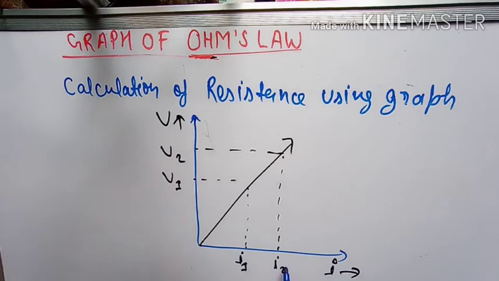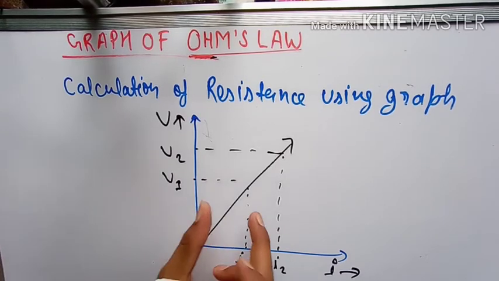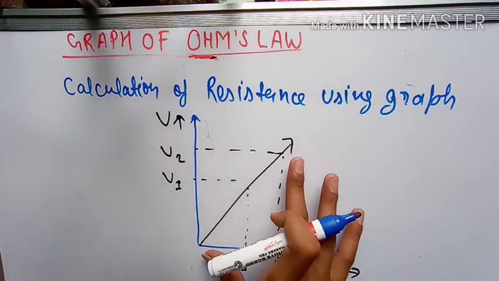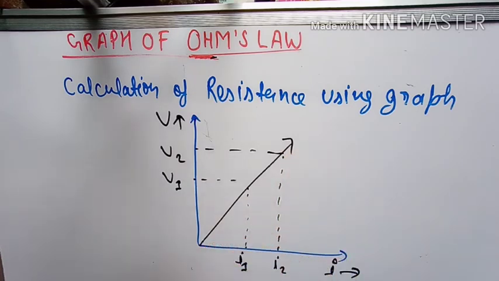So now we have to calculate the resistance value from the graph. I have told you that this slope, this theta, if we take tan of this theta, represents the resistance. Very good, you know about it. Now apply that concept in this question.